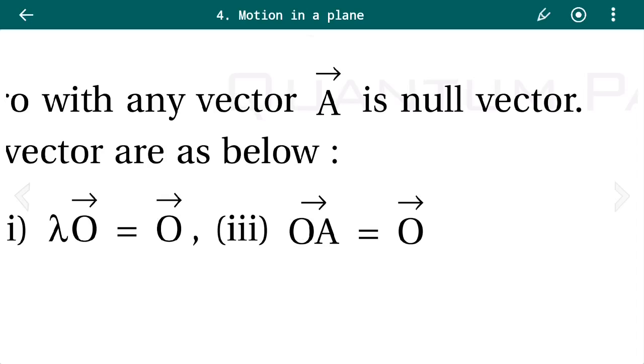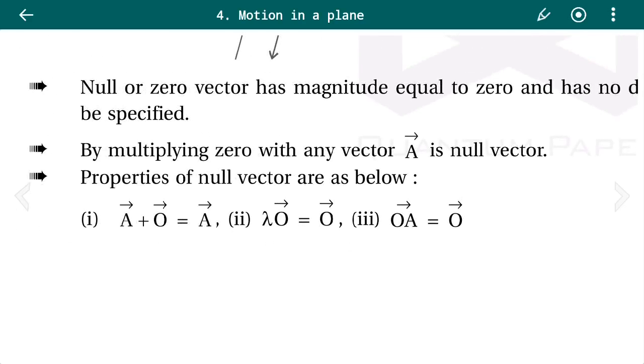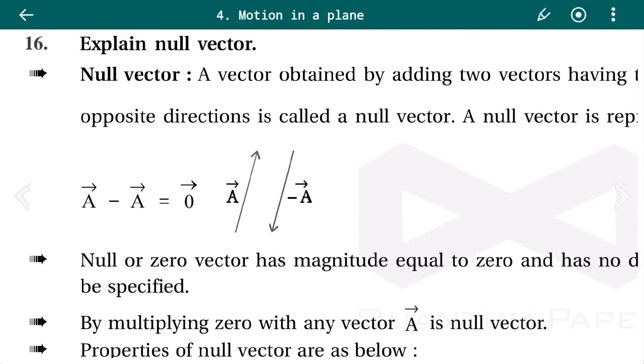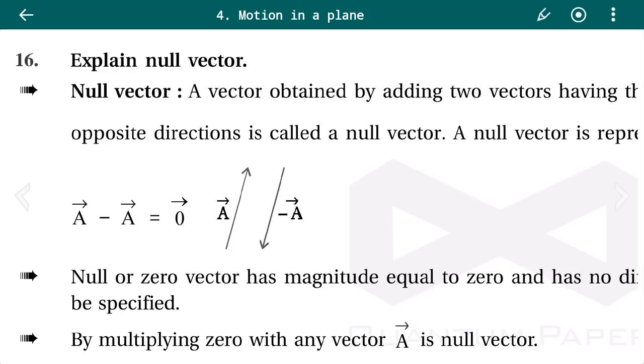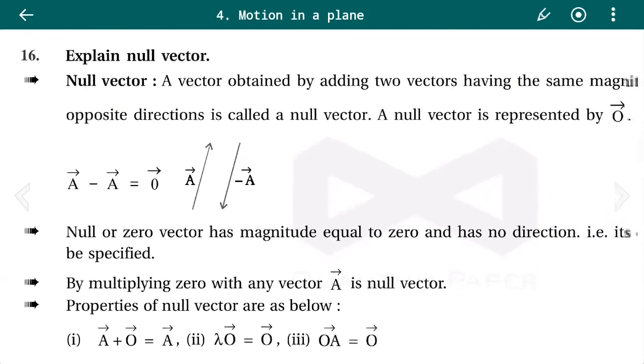Third property: when you multiply the null vector with any vector, the resultant will be the null vector, that is, 0 vector into A equals 0 vector. So students, you may note down this definition as well as the properties of the null vector.